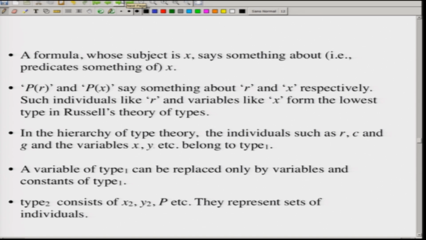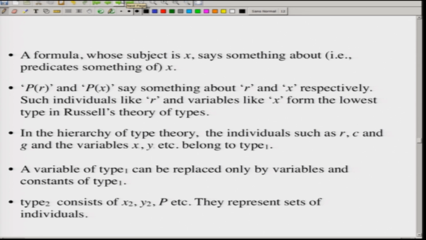A formula whose subject is X says something about X. In other words, it predicates something of X, it attributes a property to X. Now, PR and PX say something about R and X respectively. Such individuals like R and variables like X form the lowest type in Russell's theory of types.